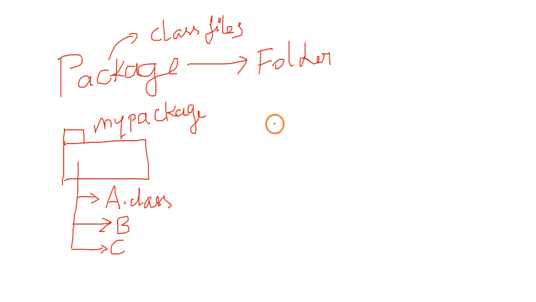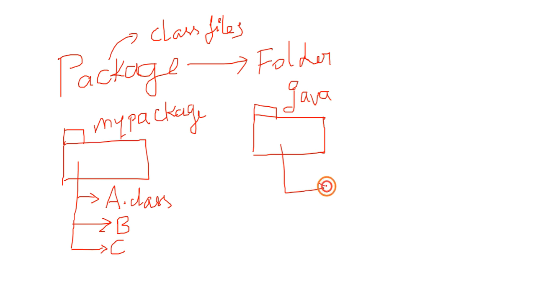Okay. Now all of you are familiar with the line java dot util dot Scanner, right? So there java dot util is a package, right? So the Java developers have already created a folder called java. So inside this folder, there is a subfolder called util.